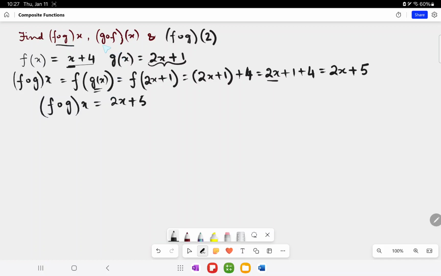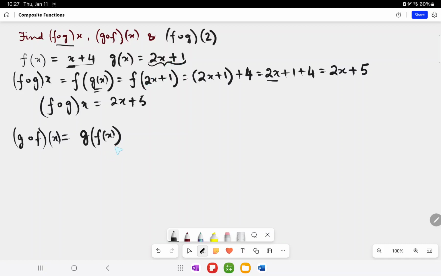The next part says g of f of x. So again, g of f of x, using the circle notation, means we take the f of x function, and this time make it the input to the g of x function.